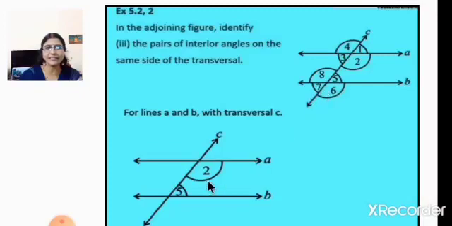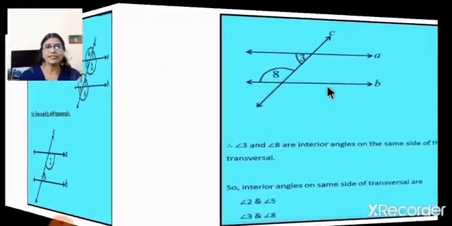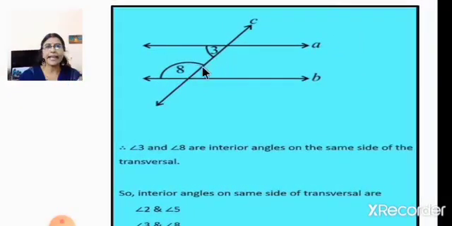So that is written here, angle 2 and angle 5, for lines A and B with transversal C. These are co-interior angles. Same way the other pair is also written here. Angle 3 and angle 8 are interior angles on the same side of the transversal. So interior angles on the same side of the transversal are angle 2 and 5, and angle 3 and angle 8.